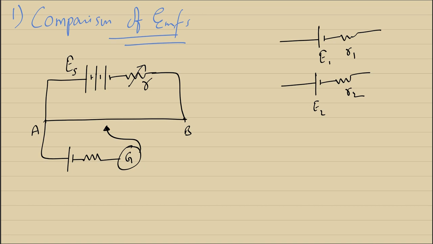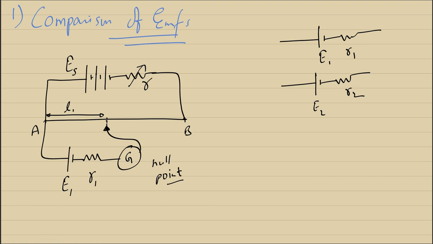Now suppose first we have connected cell E1 with resistance R1. Now what we do is we try to find the null point on this wire AB. Suppose we put the jockey at some distance, say L1, from here, and we have found the null point. Null point means there is no current flowing through the galvanometer. It is showing zero deflection.